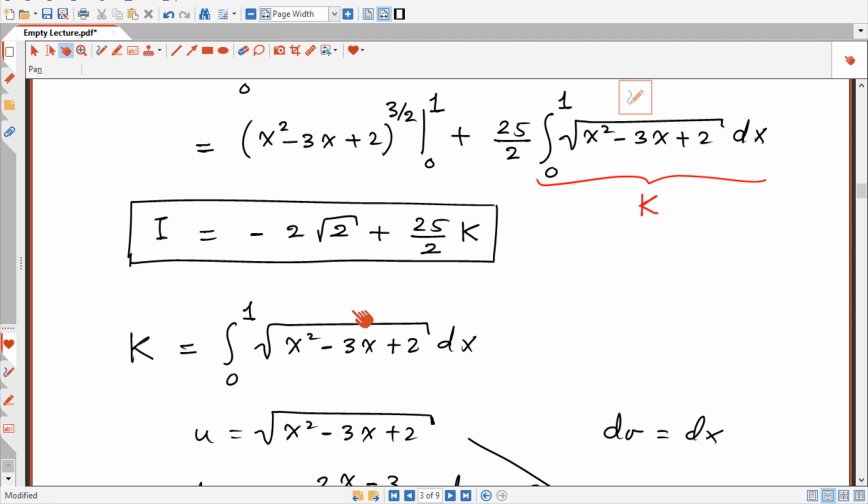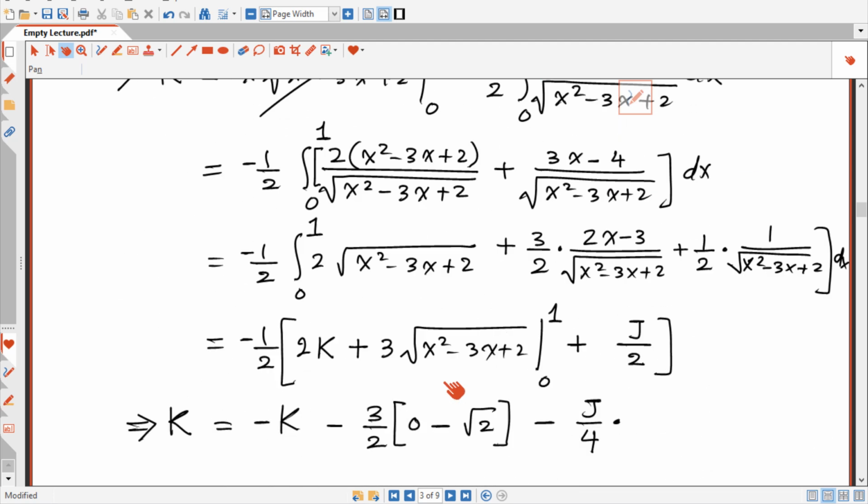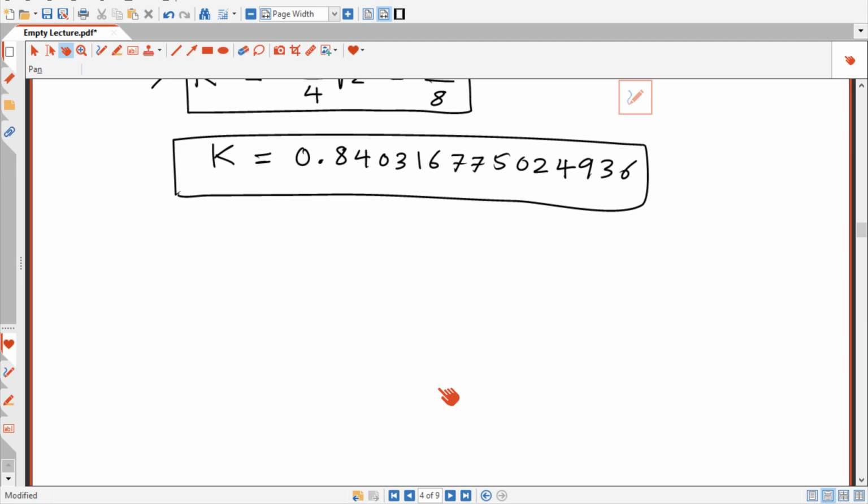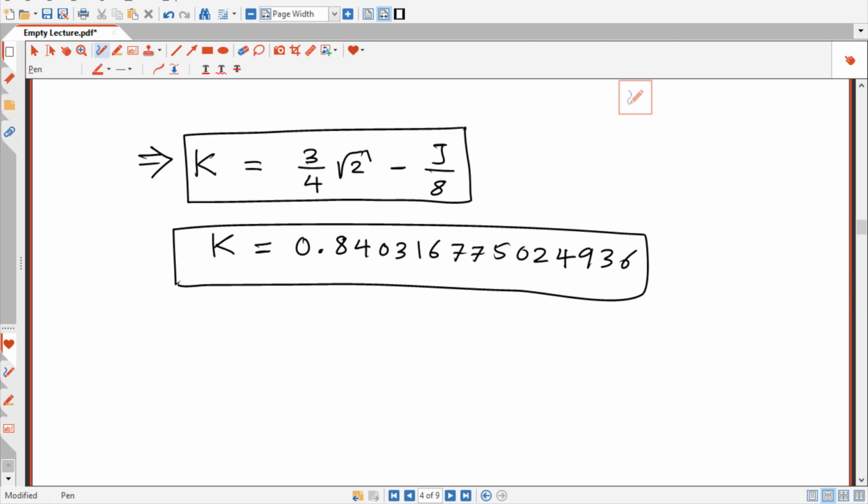So I is equal to minus 2 times the square root of 2 plus 25 over 2k. So now we can calculate I, and then we can calculate v at the end.